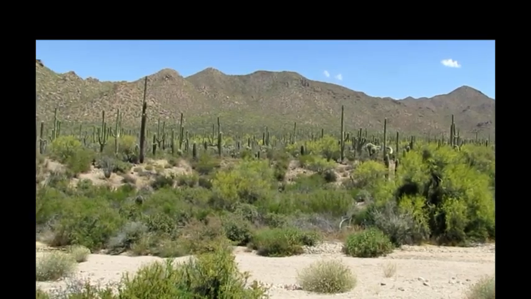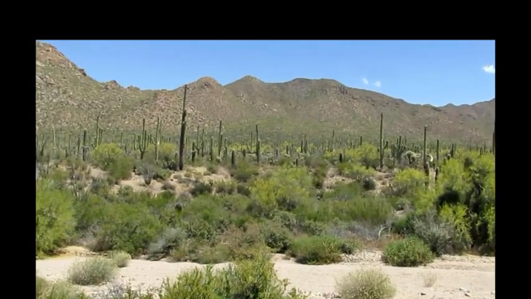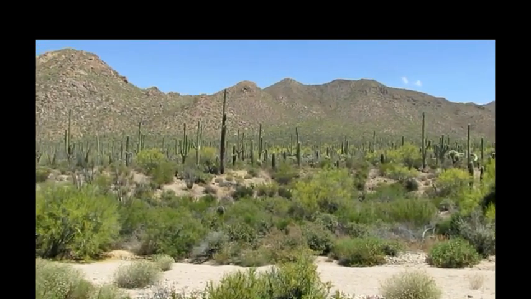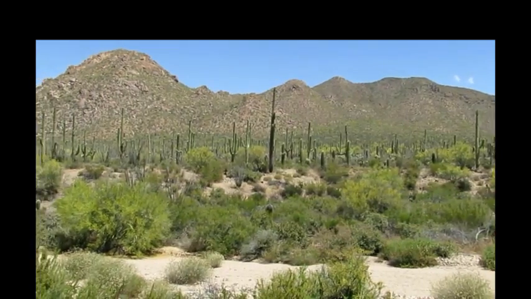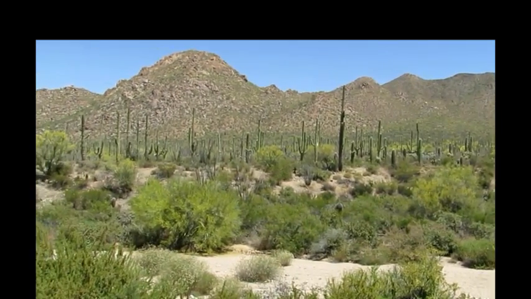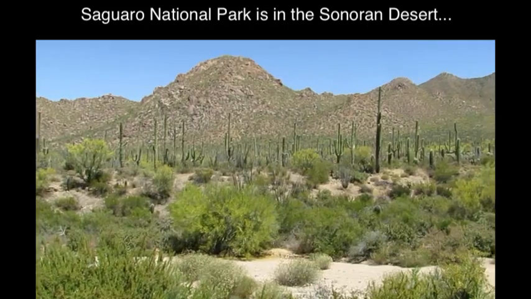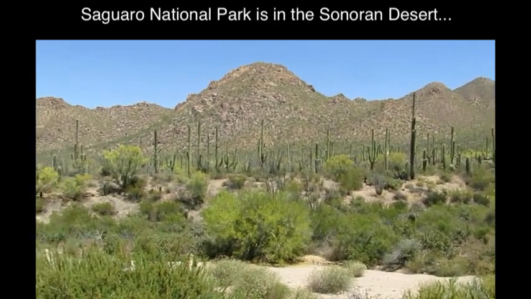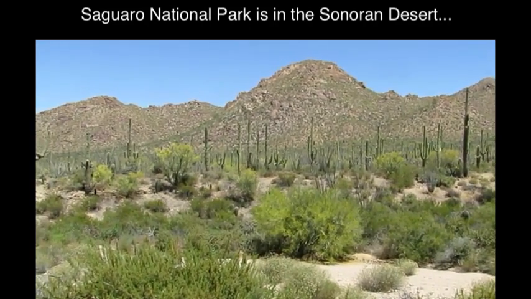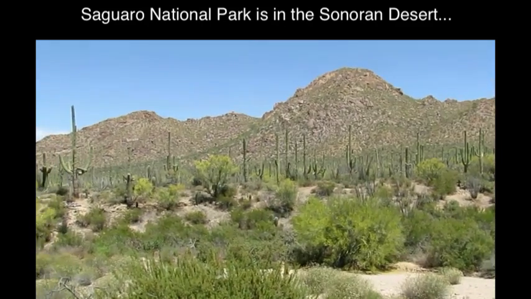And one of the things that makes this particular national park so special is the fact that it's in the Sonoran Desert, actually the northern section of the Sonoran Desert, which covers parts of Arizona, Mexico, and the southern part of California.